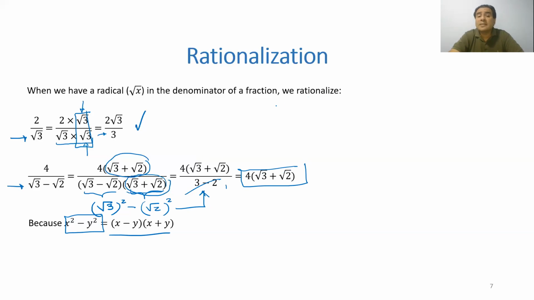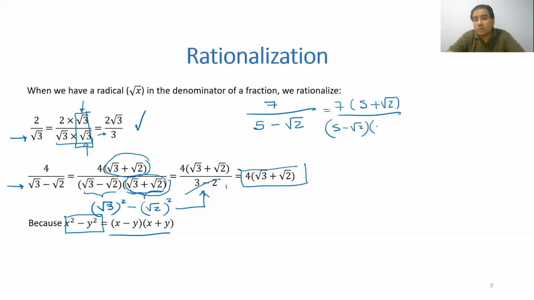Okay, let's do one more example. For example, I have 7 divided by, let's say, 5 minus square root of 2. So, what do we do? Well, we multiply both numerator and denominator by the sum of the actual numbers in the denominator.